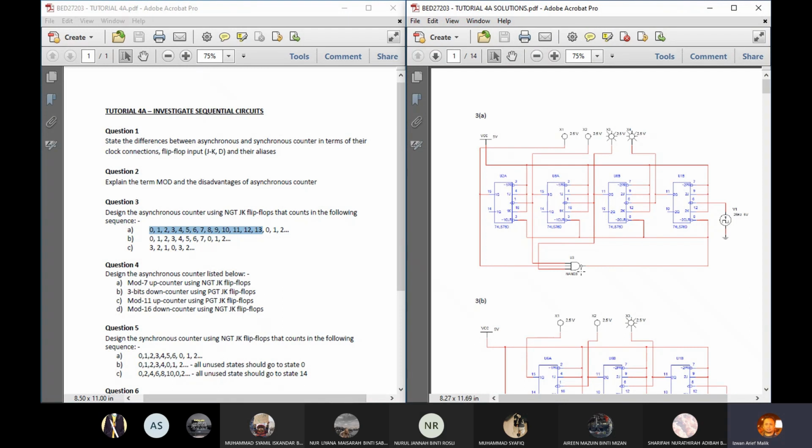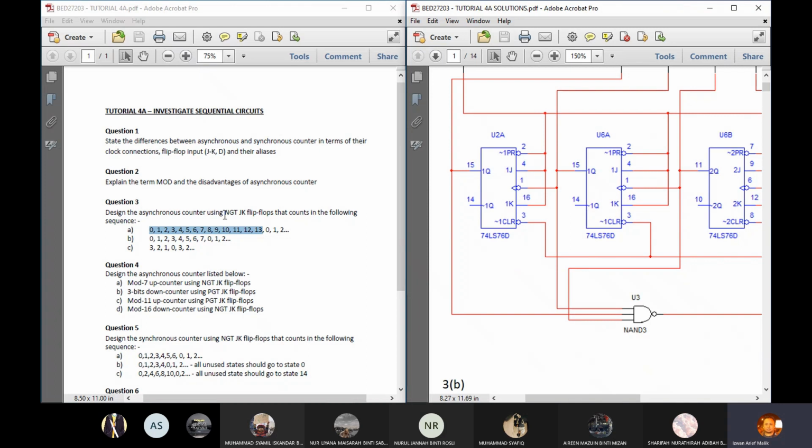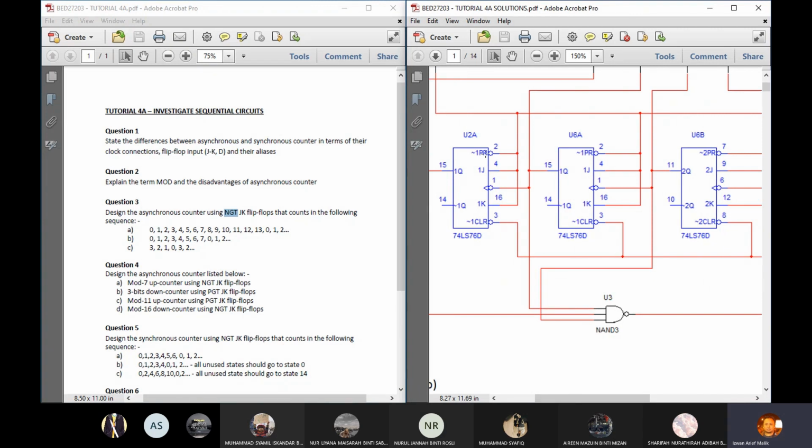So how do you design them? Likewise, how I explained to you last week. We need to use a NAND gate here. If we look at all the gates, this one requires us to use NGT, so I'm using flip-flops which have a negative clock input. Here we have the preset and clear, or set and reset.